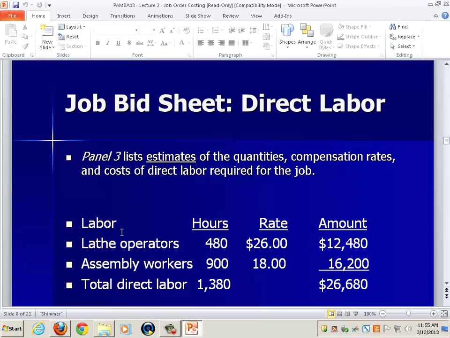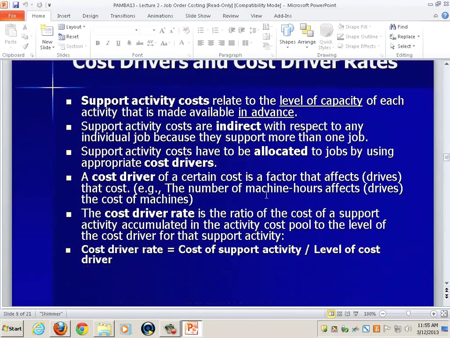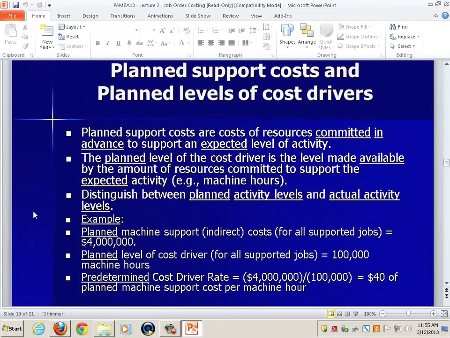Now, in order to price, you have to estimate the full cost. So obviously there are also indirect inputs or support costs or overhead. So let's look at the support costs.